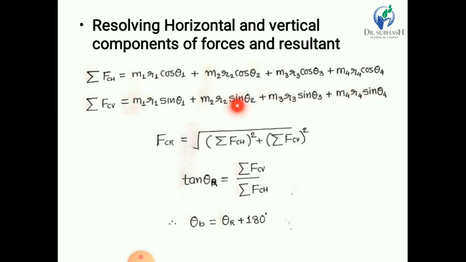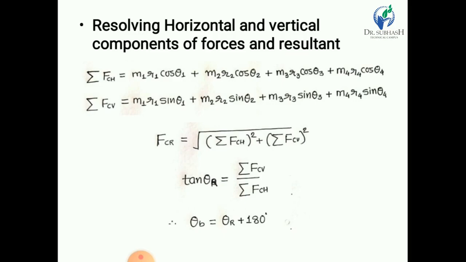So we can calculate the resultant centrifugal force FCR. If we have horizontal and vertical components, then we obtain the resultant centrifugal force by using the equation under root sigma FCH square plus sigma FCV square.